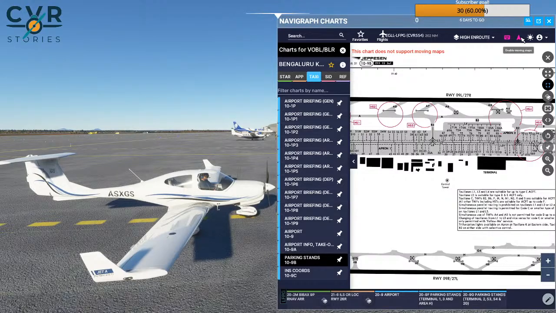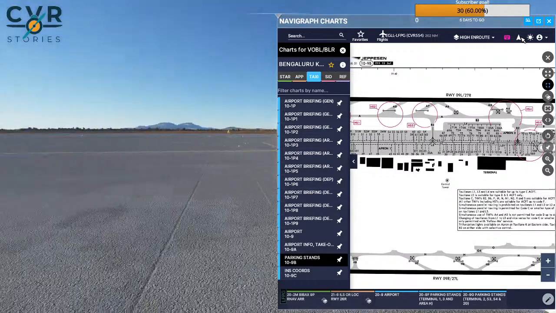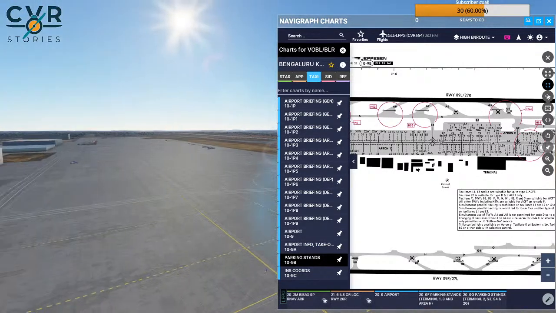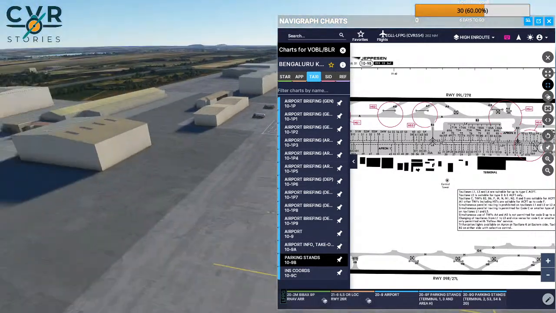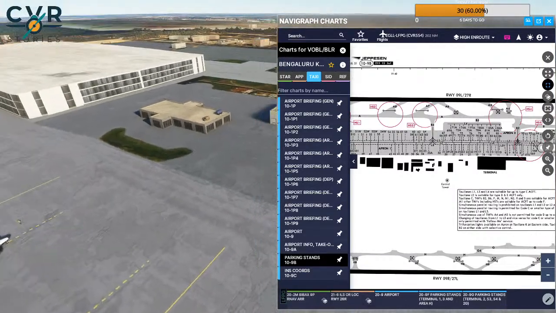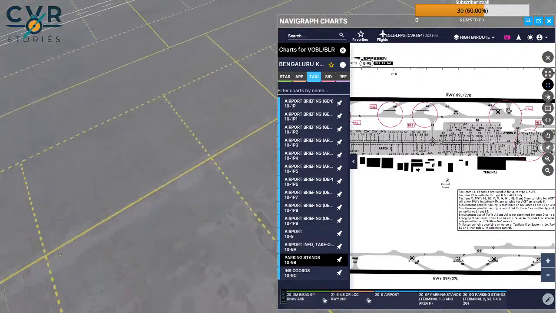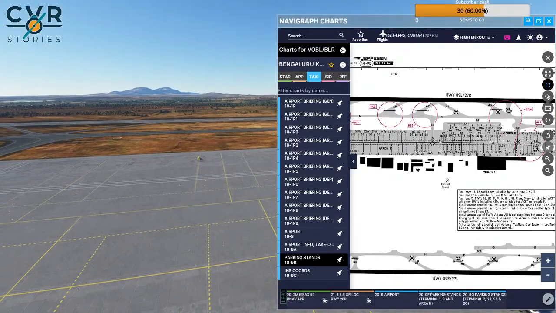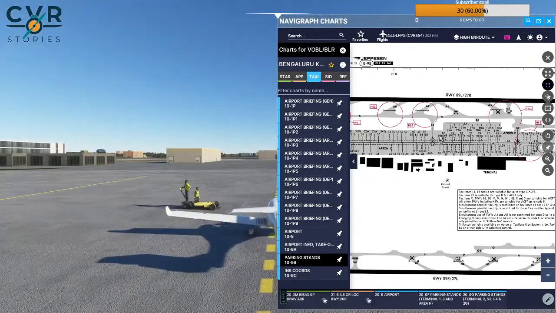So if we push back, actually, let's just take a quick look where that taxiway over there is, where the terminal ends. I mean, the markings in the game are not absolutely correct, but from my understanding, that would be Bravo 4, the taxiway we saw. So we are probably parked somewhere around 27 or 28.